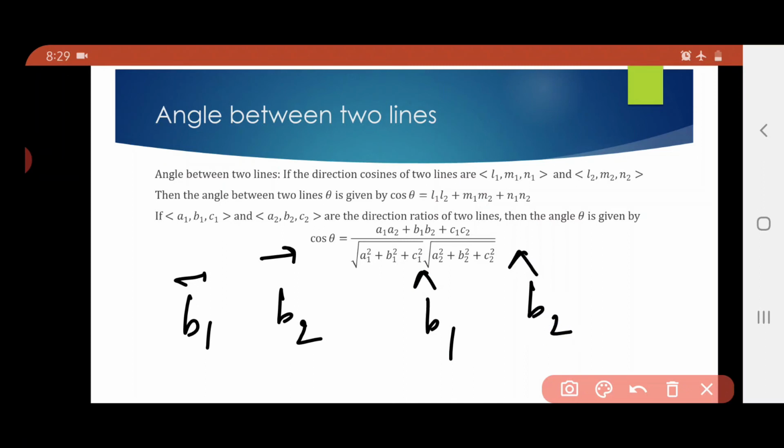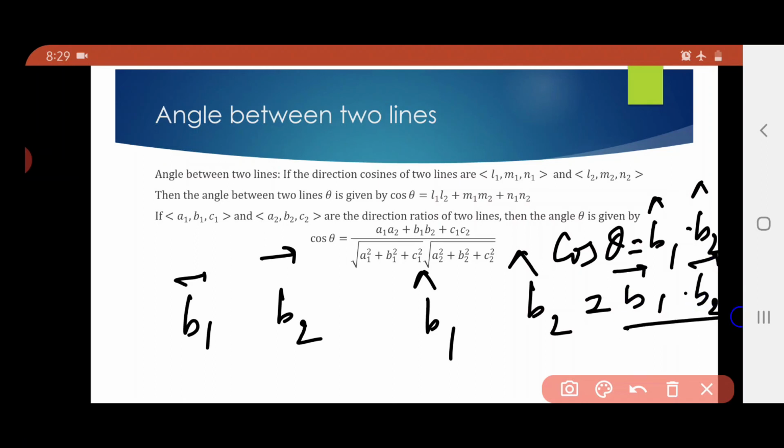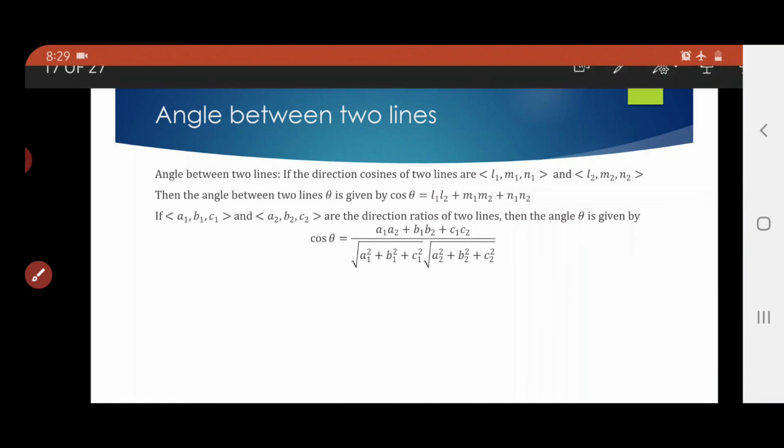And basically what I am trying to do here is cos theta is equal to b1 cap dot b2 cap, right? So that's what we have to do in vector form. Now if I am not given the unit vectors, or if I can't find the unit vectors directly, we can write this as b1 vector dot b2 vector divided by modulus of b1 vector into modulus of b2 vector. Fine. So either way.